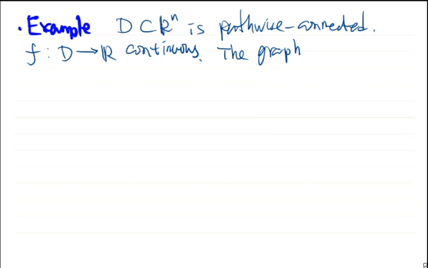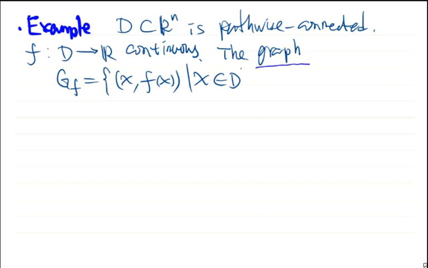This is a new concept, graph. What's the graph of f? We denote it by G_f, which consists of points of the form (x, f(x)), where x belongs to D. This is called the graph of f, which is a subset of R^(n+1).